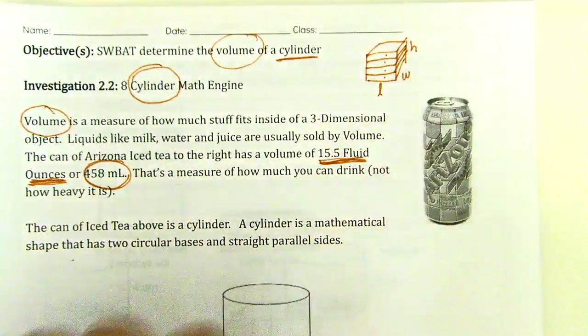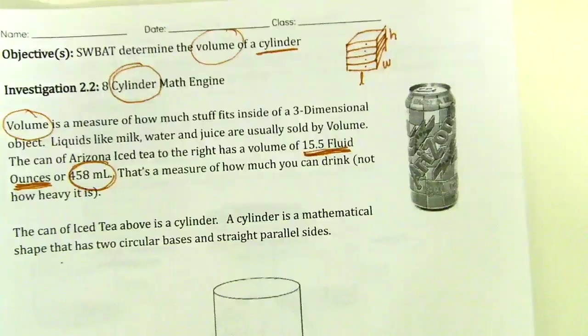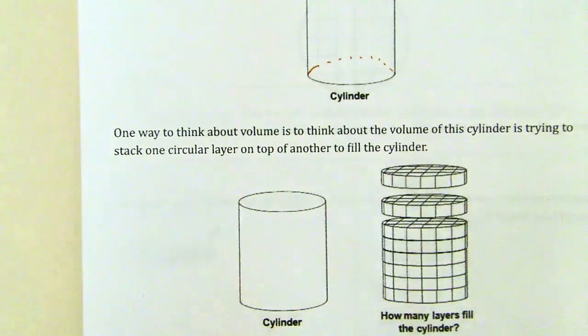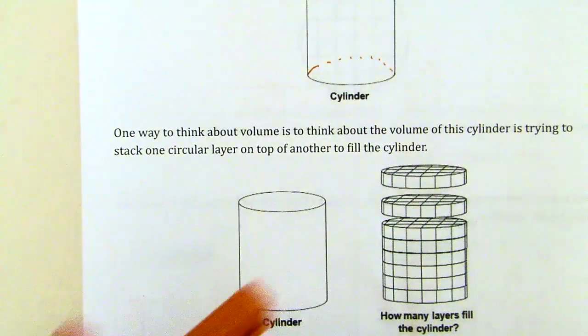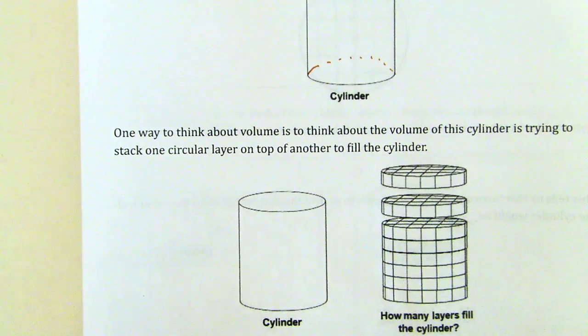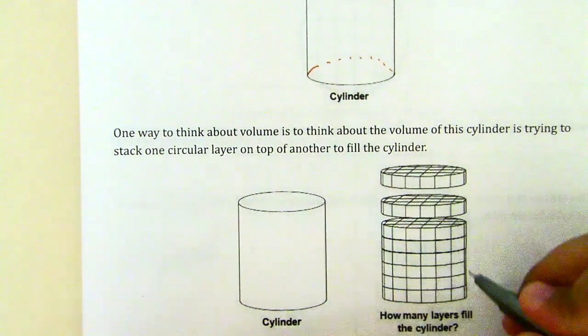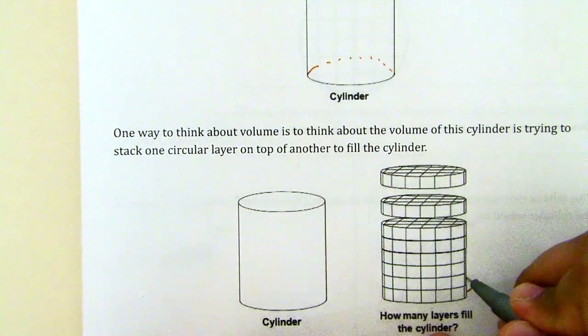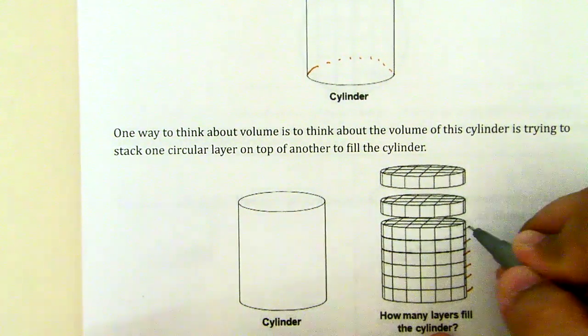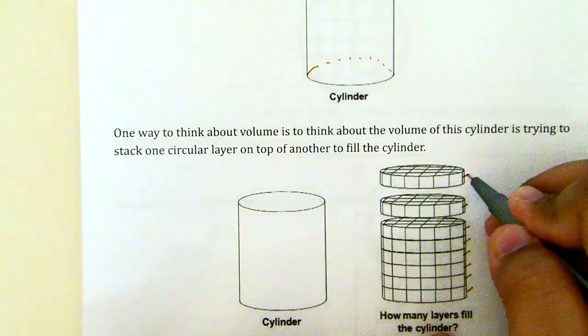So we're gonna try a similar approach when thinking about a cylinder, right? But instead of thinking about rectangular layers, because our cylinder has a circular base, we're thinking about how many of these circular layers can we stack up to get the cylinder, right? So in this example here, it looks like I have 1, 2, 3, 4, 5, 6, 7, 8 layers, right?